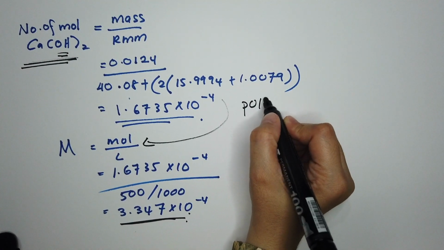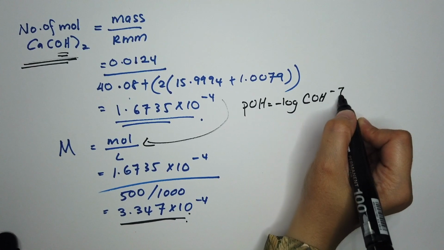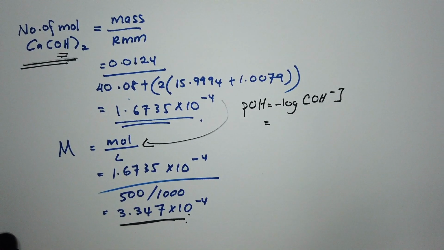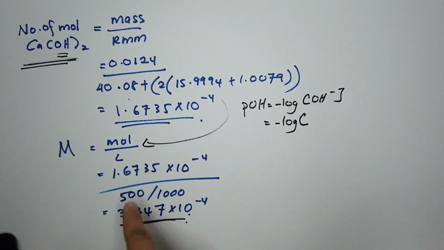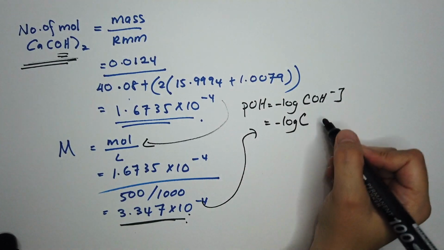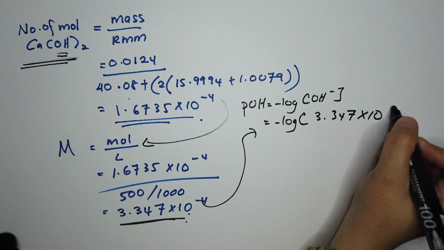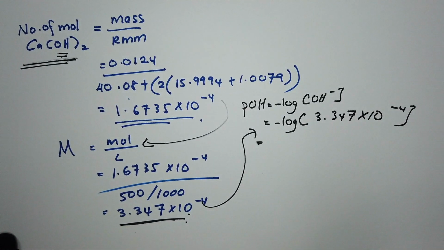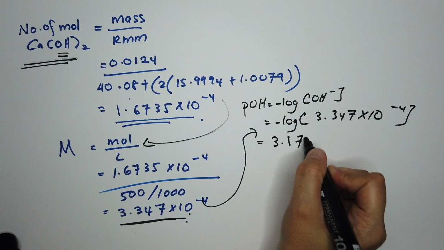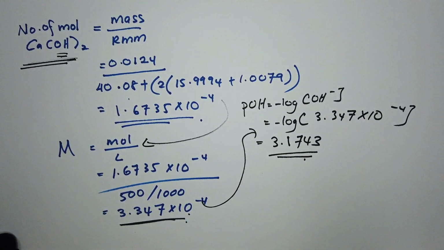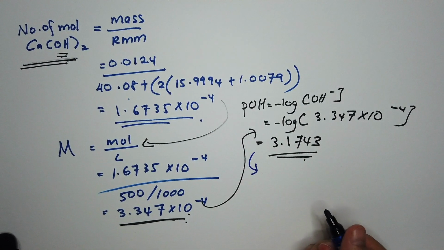So pOH is equivalent to negative log OH minus. So the molarity of this, just bring it. So it's going to be 3.347 times 10 to the power of negative 4. So you should get your pOH equivalent to 3.1743. Okay, this is not the end because you still need to calculate the pH.